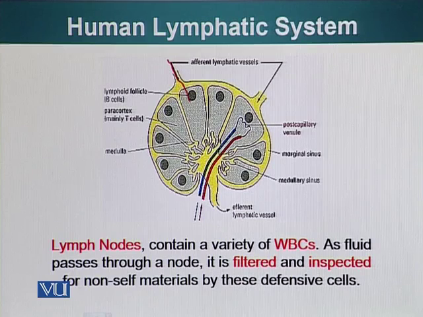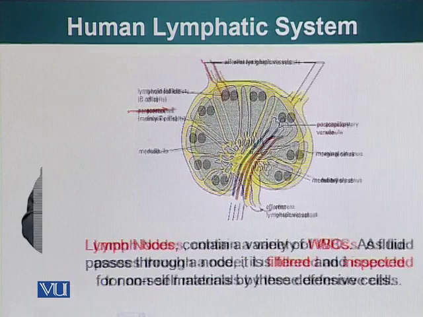For example, in the lymphoid follicle area of the lymph node, the B cells reside, and the T cells are primarily present in the cortex. When the lymphatic fluid comes in, these cells do their job, which is to inspect the contents of the lymph. So it is filtered and inspected.